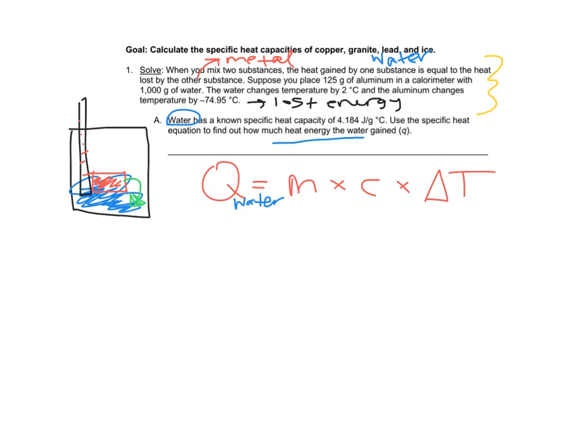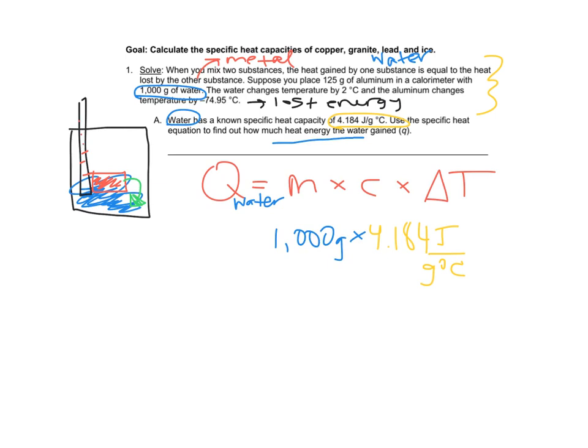So for water, we know that M is 1,000 grams. So we have 1,000 grams of water, right? Our C, remember, is specific heat. We are given that right here: 4.184 joules per gram degrees Celsius. And then we have to do our change in temperature.